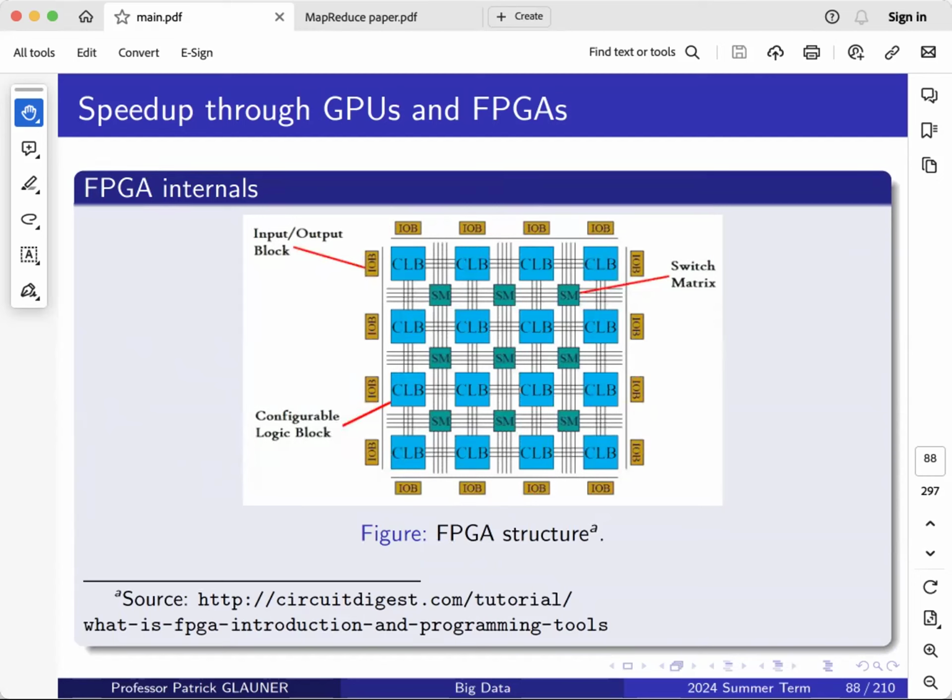And such FPGAs have also been used in recent years for training neural networks, which led to quite some speedups, which has lots of pros, also some cons. A pro can be you can configure the FPGA specifically for your training problem, because a GPU, that's what we just saw, is still a very generic piece of hardware, which could be used for training lots of different neural networks.